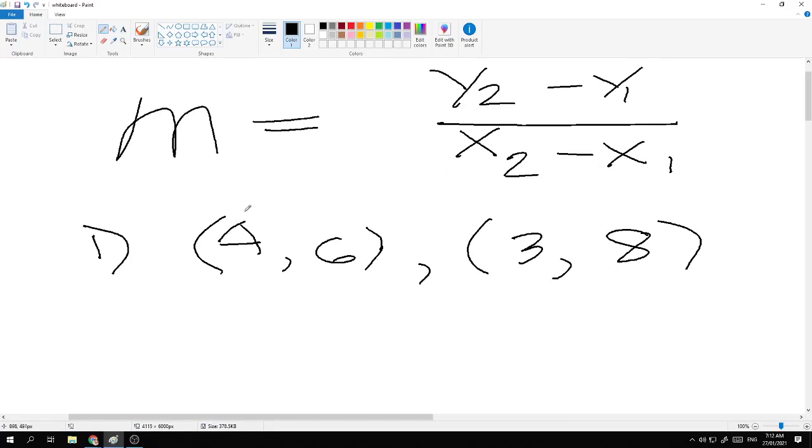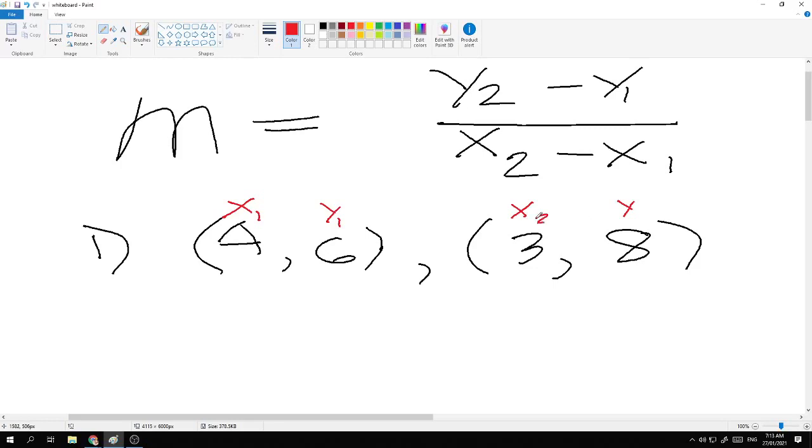So first thing to do is, of course, you need to assign which among these two is x sub 1. So usually the first coordinate, this is x, this is y. This is x, and this is also y, right? So usually, this is x sub 1, y sub 1.